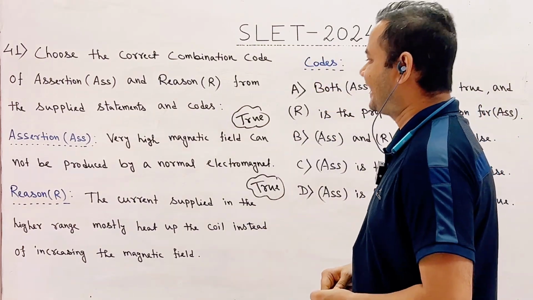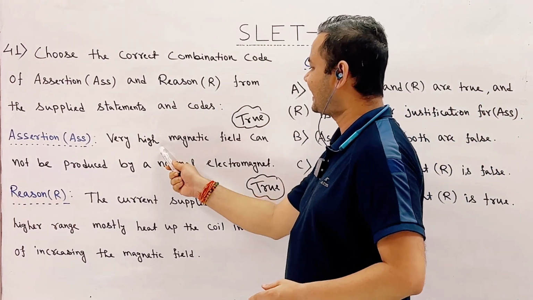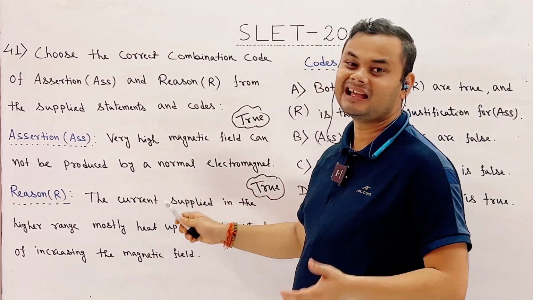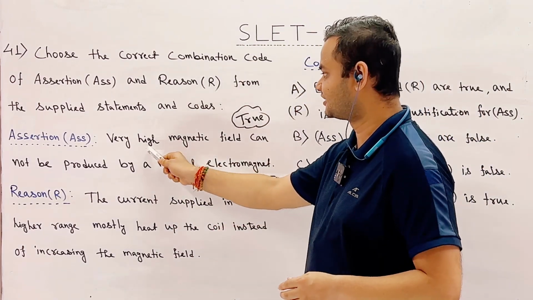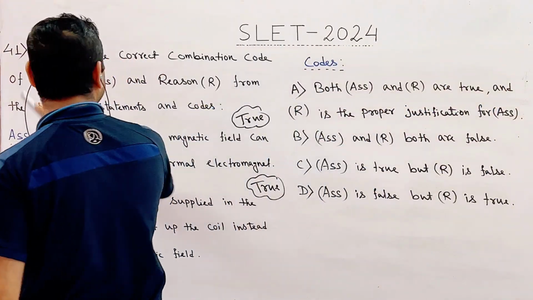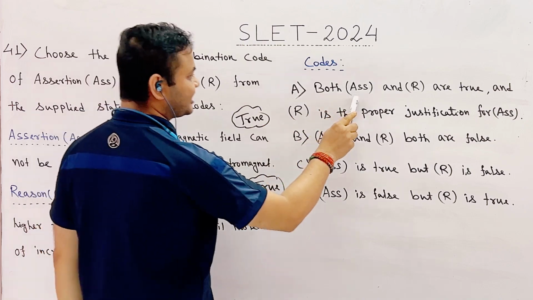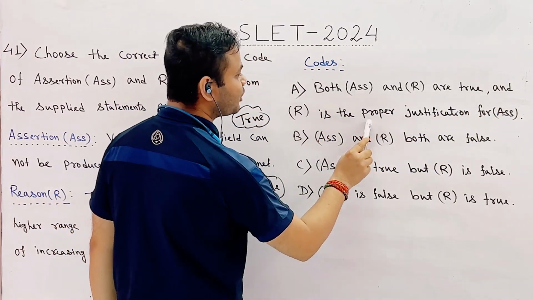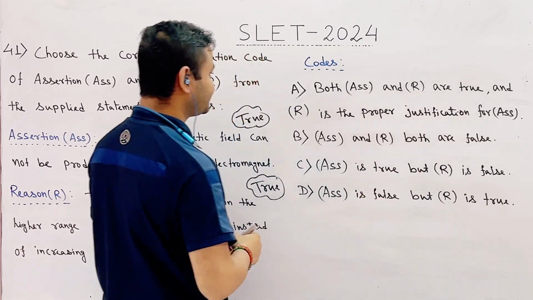So, after analyzing, we have seen that both assertion and reason are true, and this reason correctly explains the assertion. So, therefore, the correct answer of question number 41 is option A. Both assertion and reason are true, and reason is the proper justification for the assertion.